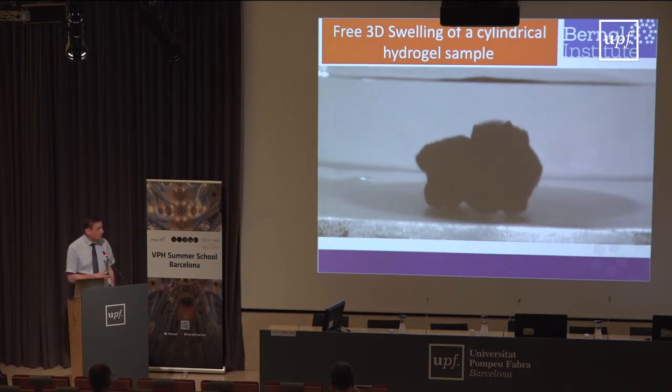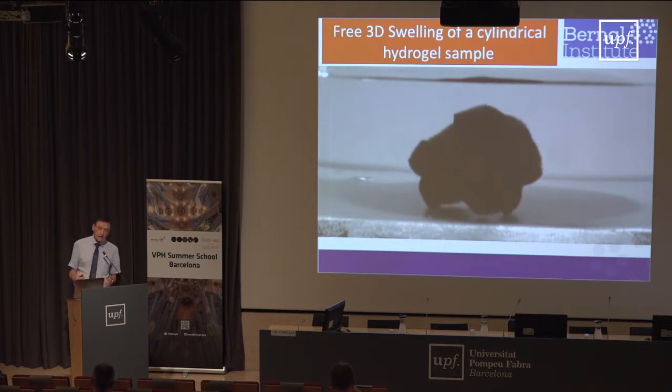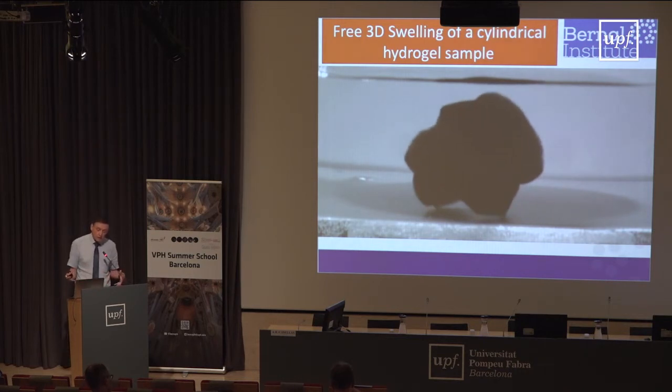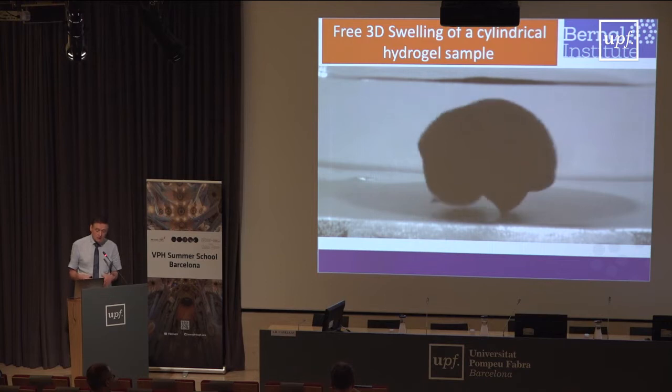And what happens, in fact, is that the outside swells first and the inside doesn't, because the water cannot reach inside. And then the kernel and the outer surface need to remain in contact with one another. And the way it does, it goes into surface instability and later into a kind of saddle shape.